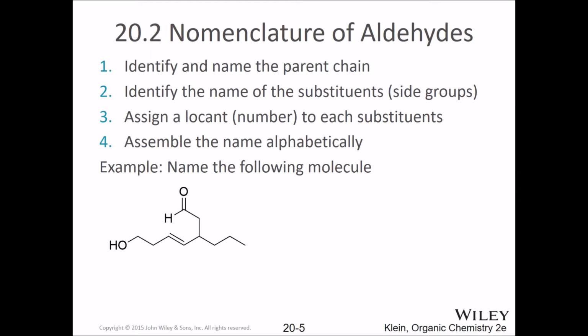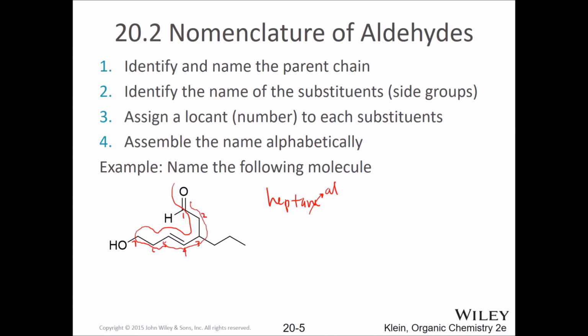All right, so let's do this as an example. Identify and name the parent chain. 1, 2, 3, 4, 5, 6, 7. Heptane. Heptanal. So I've now taken care of all of that, right?